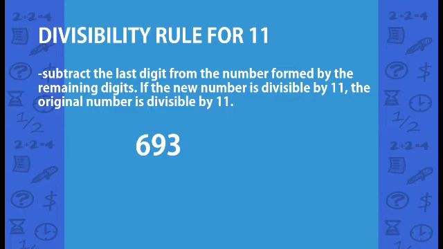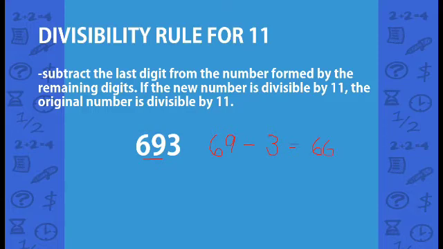Kuhanin muna natin ang last digit. So, the last digit is 3. And the remaining number is 69. So, we will subtract the last digit from the remaining number. So, 69 minus 3. We will get the answer 66.